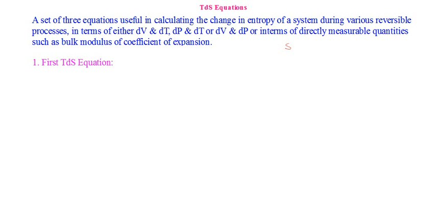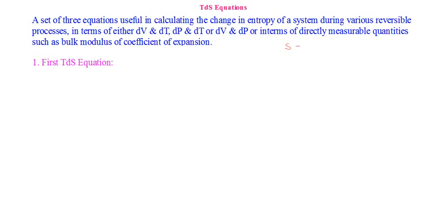But we need to measure the changes in entropy in several thermodynamic phenomena, because entropy is such a function which can give you a lot of information regarding the stability of the system or regarding the equilibrium nature of the system. Hence, what we usually do is express entropy in terms of the other three natural variables. So you can express the entropy of a system, or entropy change of a system to be precise, in terms of the other three natural variables.